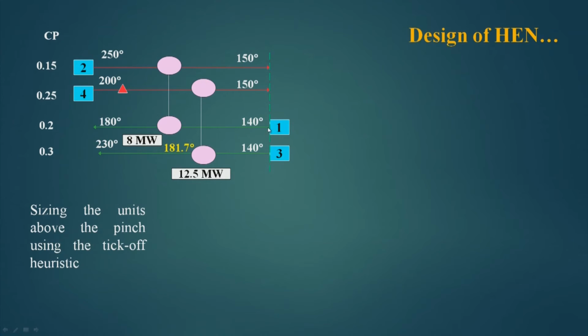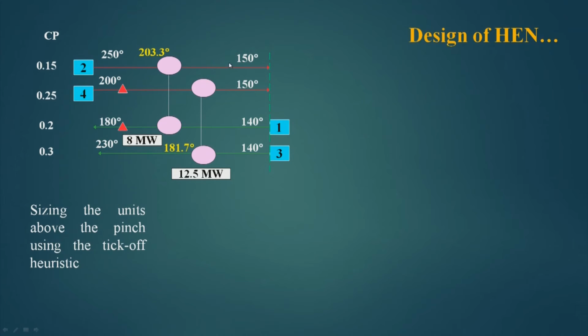So, this stream, this is the first stream, is ready to take 8 megawatt, whereas the number 2 stream, which is a hot stream, is ready to give 15 megawatt. So, the hot stream is in a position to satisfy the requirement of this cold stream 1. So, it passes 8 megawatt directly to this, and hence this will be now ticked off.